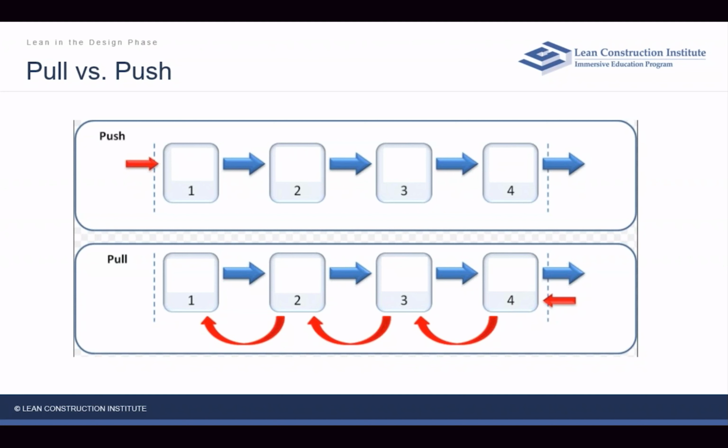For example, you might have a schedule that you all agree to at the beginning of a project and say, we're going to design our foundations, and then we're going to design the beam framing. Then you put dates to it, and you just keep pushing it out. Pull would be more the architect requesting that particular thing, so you do that activity at the time they actually request it. I promise you we'll come back to this one.